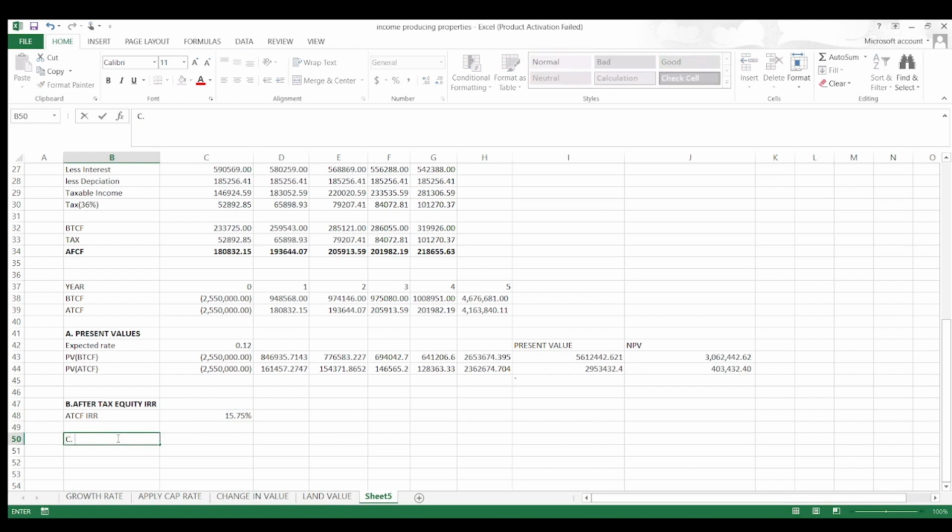So let's go to question C, which is equity dividend rates, year 1 to 4. So here we know the years.